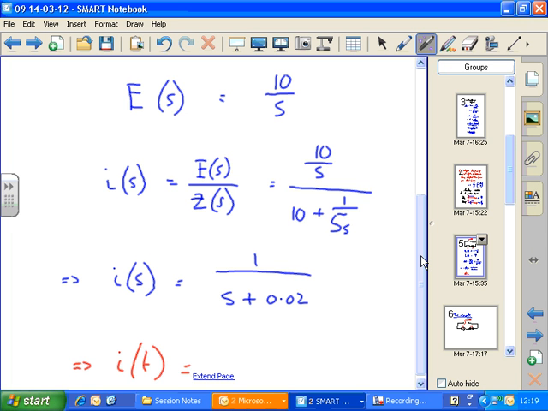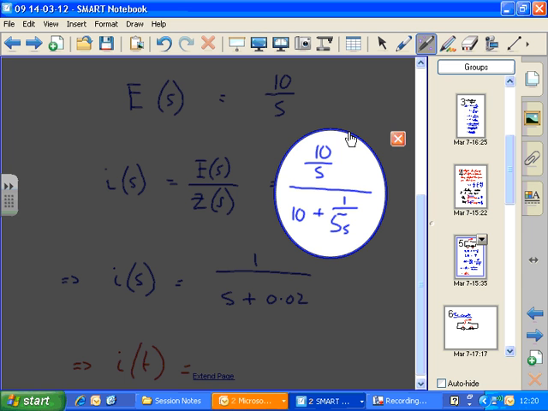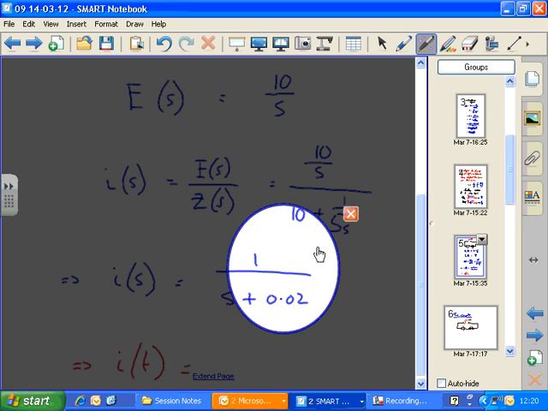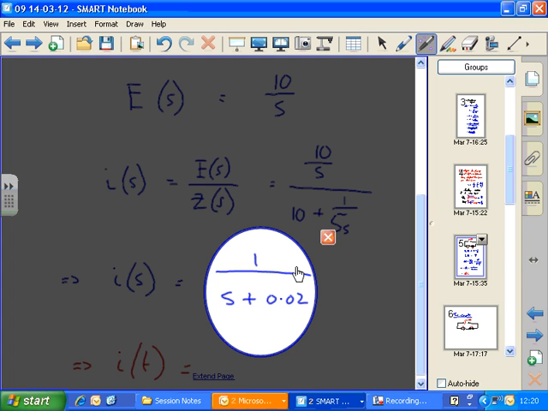Remind yourself how we got last week from this form, 10 over S divided by 10 plus 1 over 5S, to this form here, 1 over S plus 0.02. Just remind yourself of those steps. I suggest the first one is to multiply top and bottom by S. See if you can go and finish off the rest.